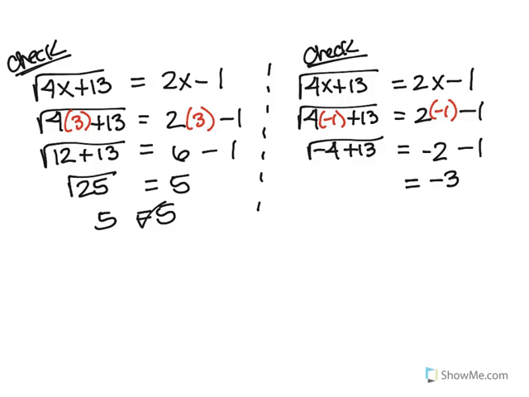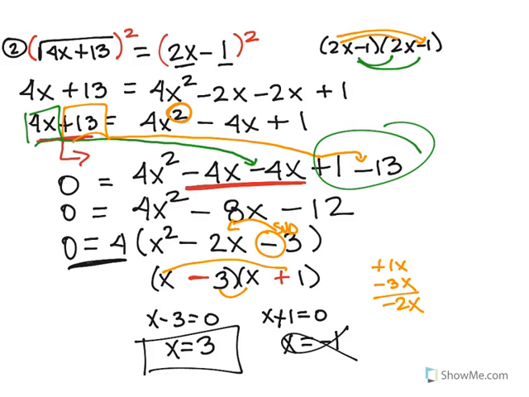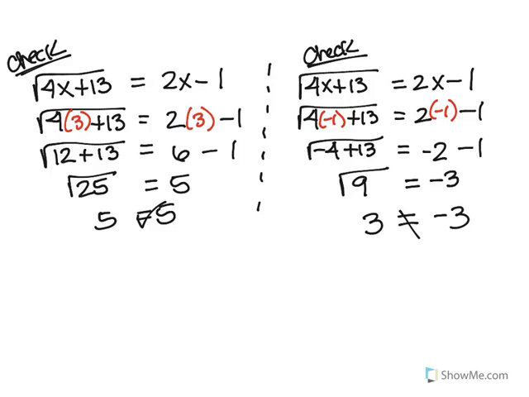Negative 4 plus 13 is what? 9. And the square root of 9 is positive 3. Not what? Negative 3. So negative 1 doesn't work. Does that make sense? So your only answer is positive 3. And that's my check. Y'all see that?